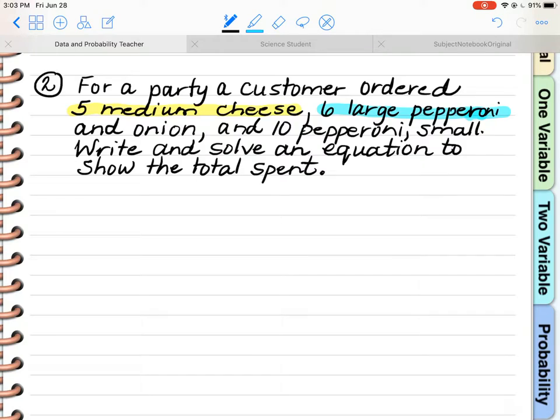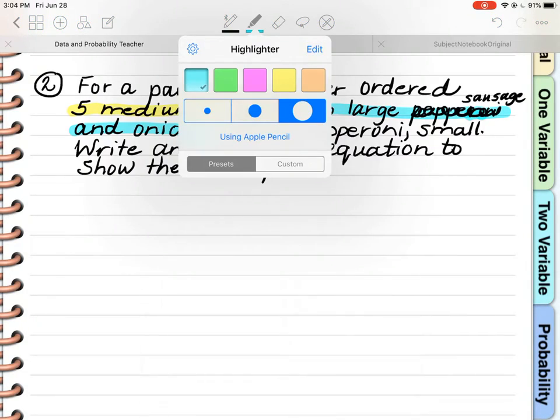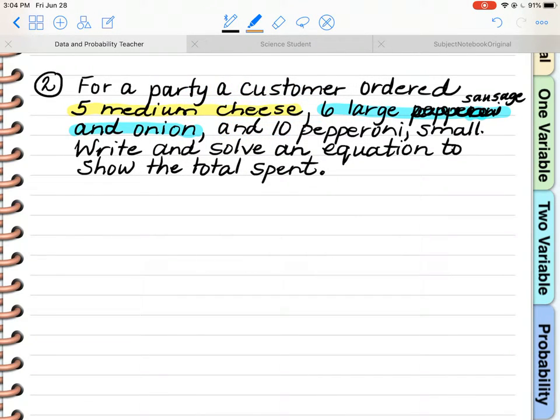You guys see why I teach math. An onion. And that should be sausage and onion. I just botched that completely. So let's get rid of the word pepperoni and make that be sausage. I am so sorry. And then 10 of the plain pepperoni small.